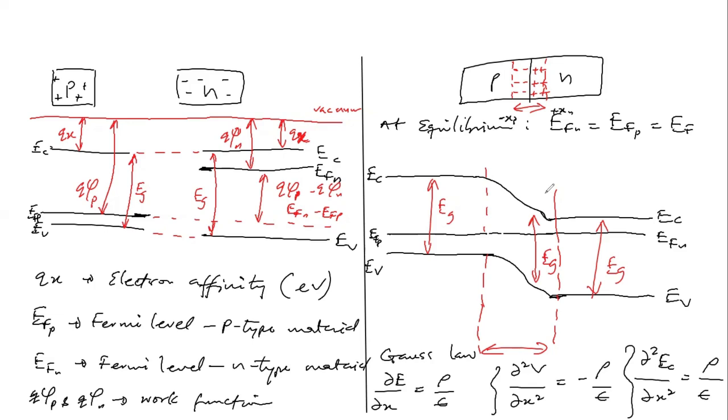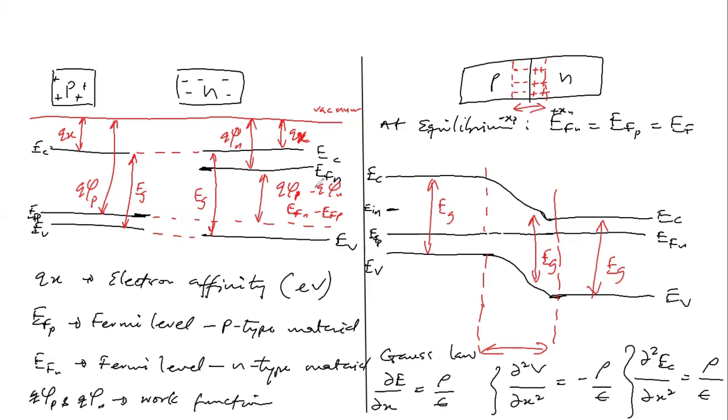And we know that for the intrinsic material, the energy band gap is somewhere in the middle, right? That's E intrinsic. So all of what we just described here is for a material that has been doped.